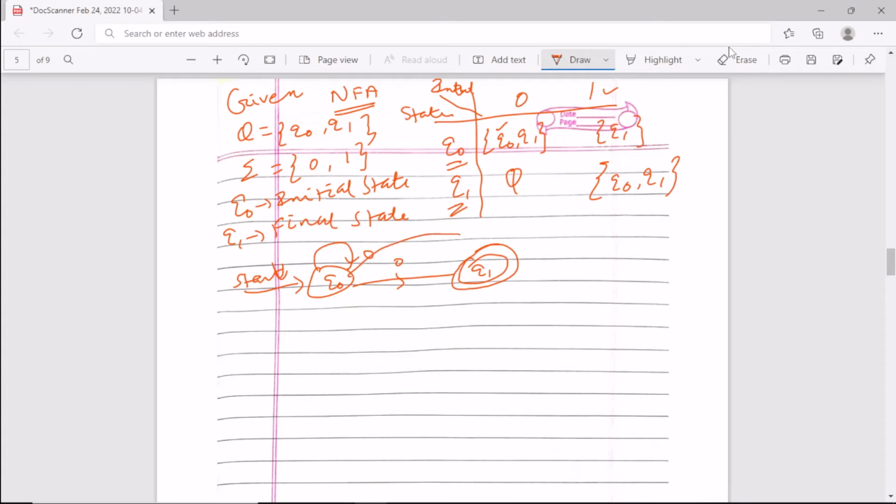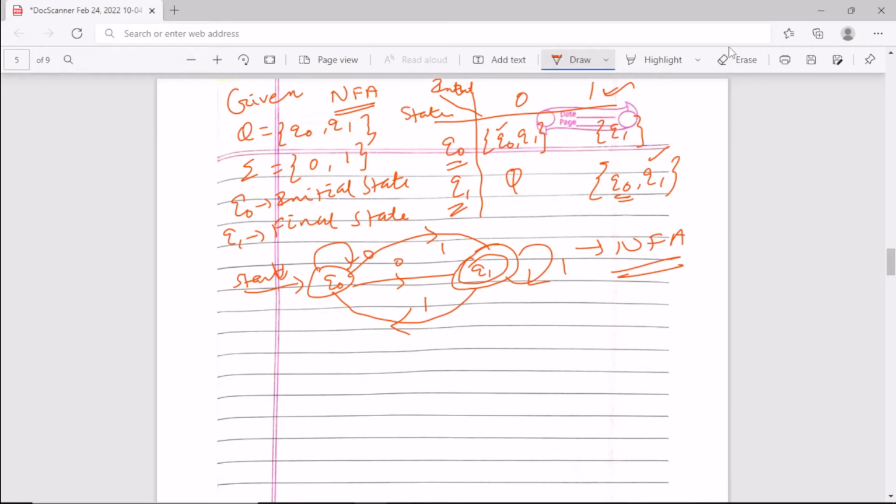In Q1 if you read 0, there is no state, that is the empty state. In Q1 if you read 1, you go to Q0, or you can stay at the same state Q1, so you draw a loop with the label 1. Now this is the given NFA.